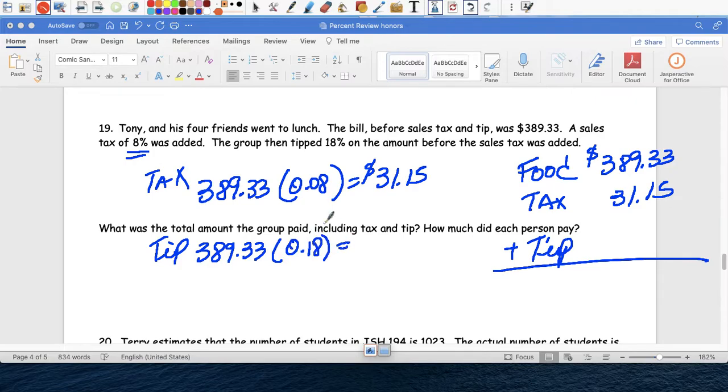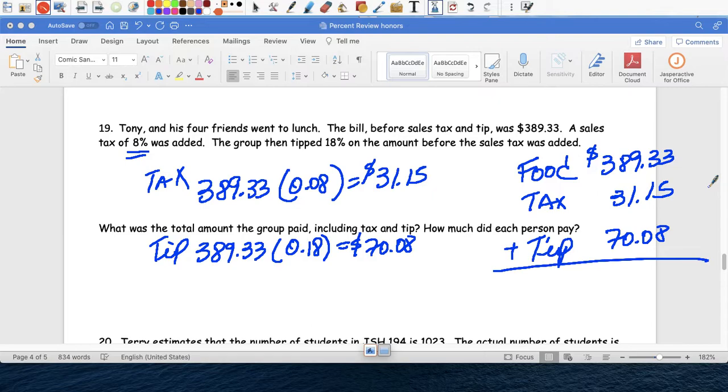Let's figure that out. 389.33 times 0.18. So the tip is $70.08.